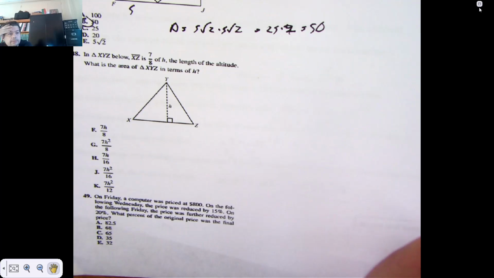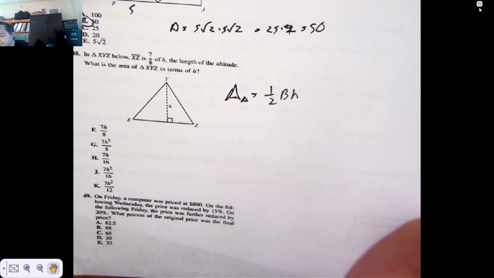Another geometry problem. In triangle XYZ below, segment XZ is 7/8 of H, 7/8 of the height, which is the length of the altitude. What is the area of triangle XYZ in terms of H? So you guys all know that the area of a triangle is 1/2 base times height.